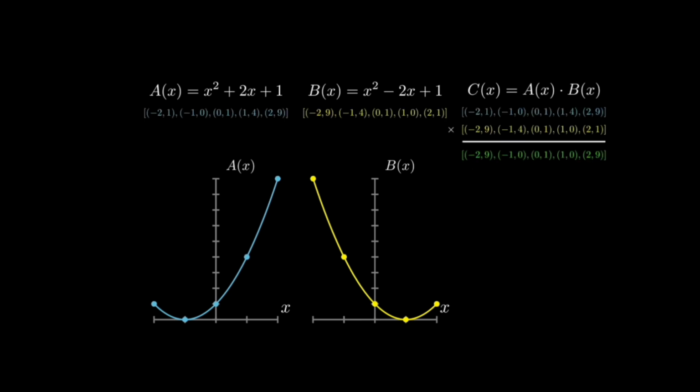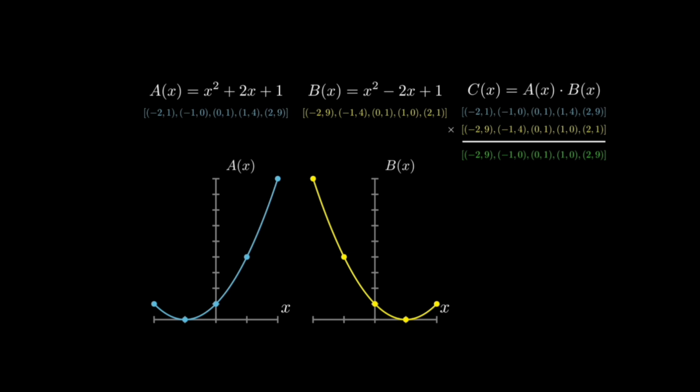Now we would like to move on to the next slide, that is, the points at which both the polynomials are evaluated, as shown. A of x is evaluated at minus 2 comma 1, minus 1 comma 0, 0 comma 1, 1 comma 4 and 2 comma 9. Then B of x is evaluated at the same x values, resulting in 9, 4, 1, 0 and 1.